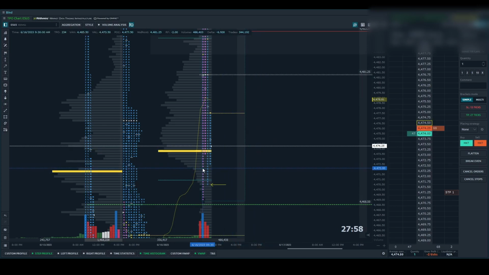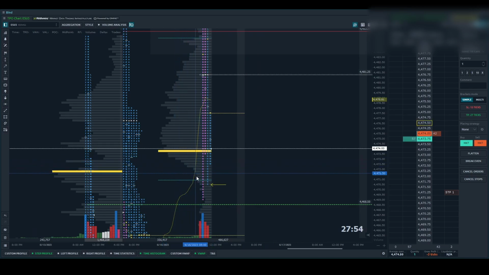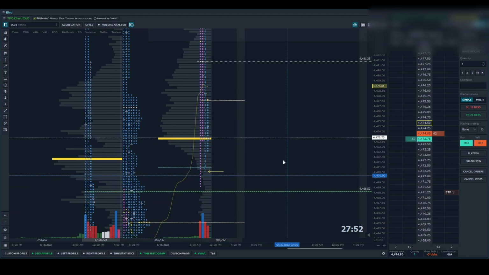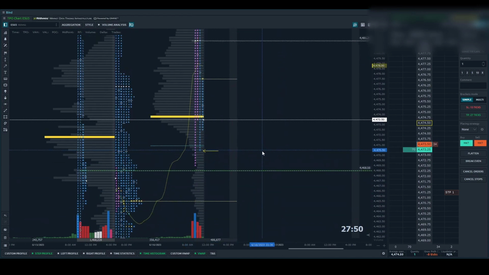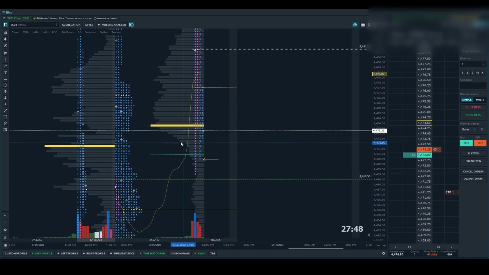I kind of wish I would have added a contract here when it pulled down like this. You can see how the volume profile is slimming out and then extending down here. So I really like this area in here probably to add another one.